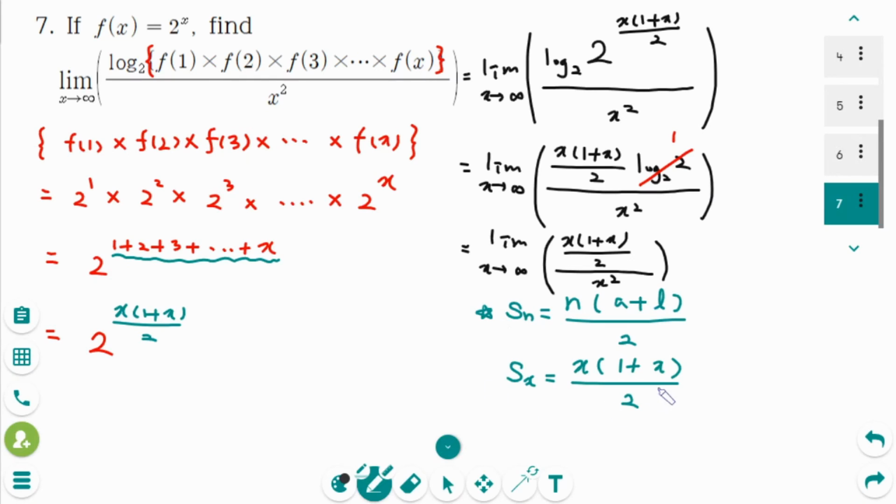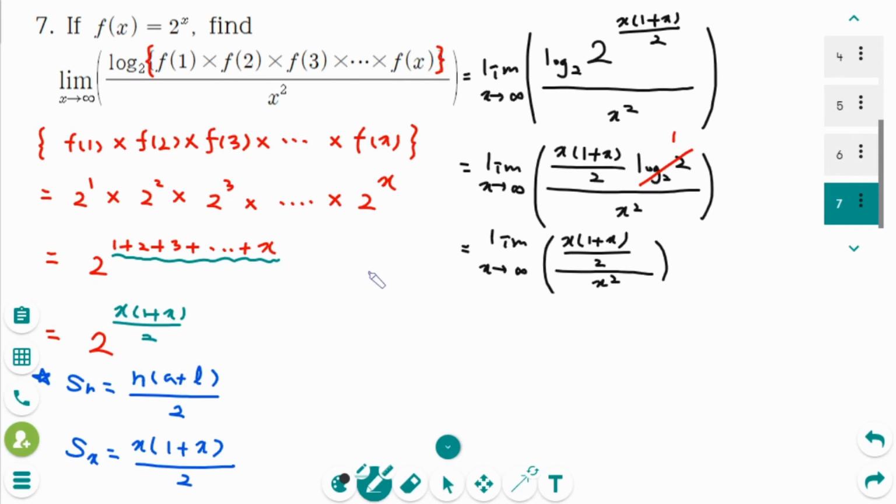I will move this one. Then rewrite the limit in a single fraction. It's over 1. Then limit outside over inside.